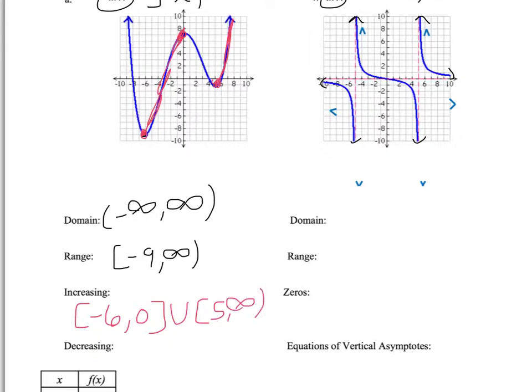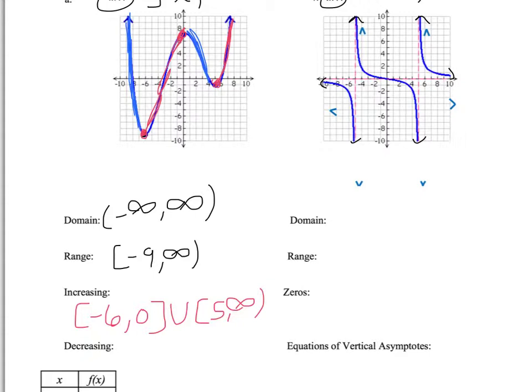Now for decreasing, I'll color that in blue. This part of the function is decreasing as you move down here, and the function's also decreasing here. You can also think of this as: if you pick any point in a decreasing interval, the function should have negative slope.